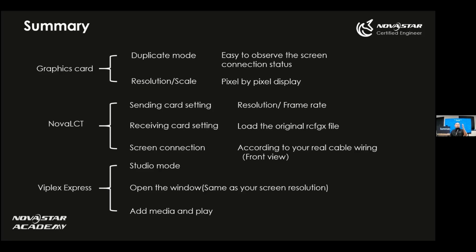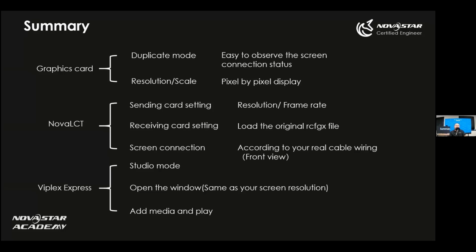And after the sending card settings and the receiving card settings, the screen connection is very important. Standing in front of your screen, you need to build it up in your mind: the front view. After this, your screen can show the image. Then we need to use Viplex Express to show the image if you use a computer to provide the video source.